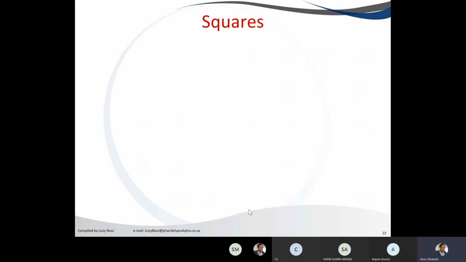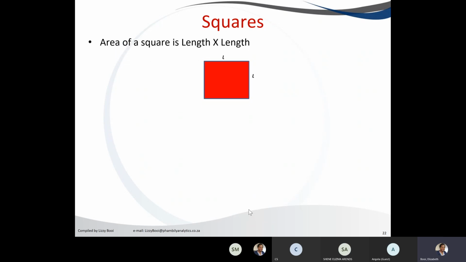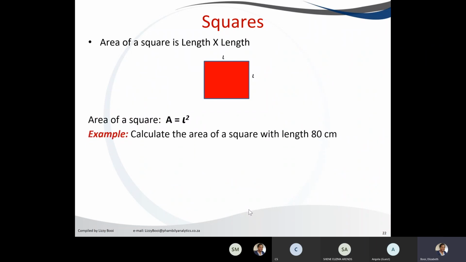Calculating for a square, we know that a square has 4 equal sides, so the area will be L squared. If we need to calculate the area of a square with a length of 80, we just substitute into the formula A equals L squared. It will be A equals 80 squared because our length is 80.